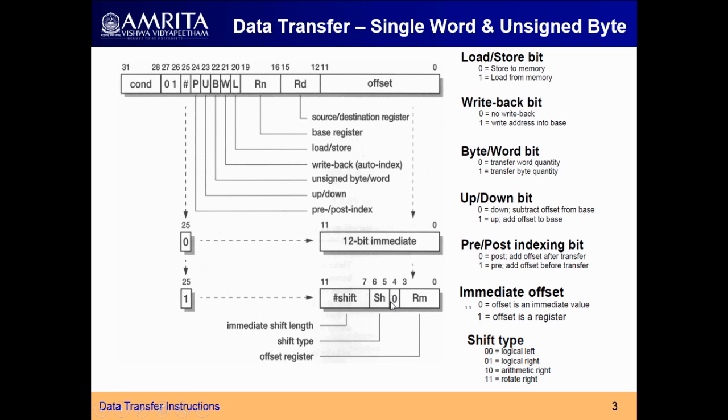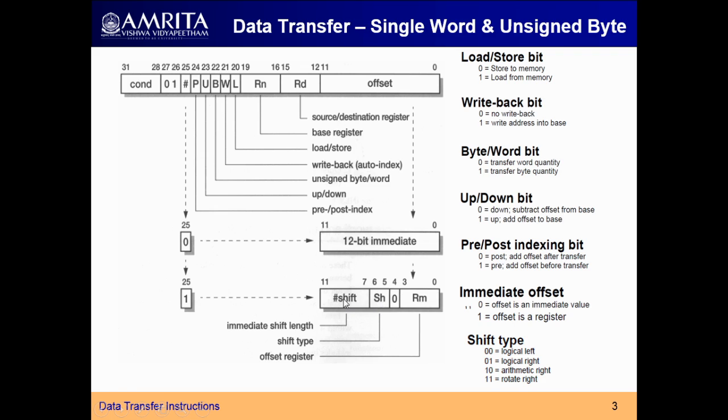If you are using this type of offset register, then bit number 4 will be represented as 0. Bit number 5 and 6 will be specifying the shift type. The shift type can be logical shift left, logical shift right, arithmetic right, or rotate right. Based on that, these 2-bit values will be given here.